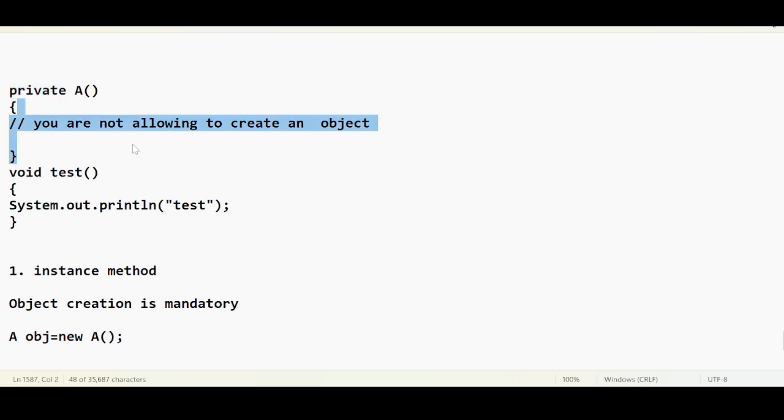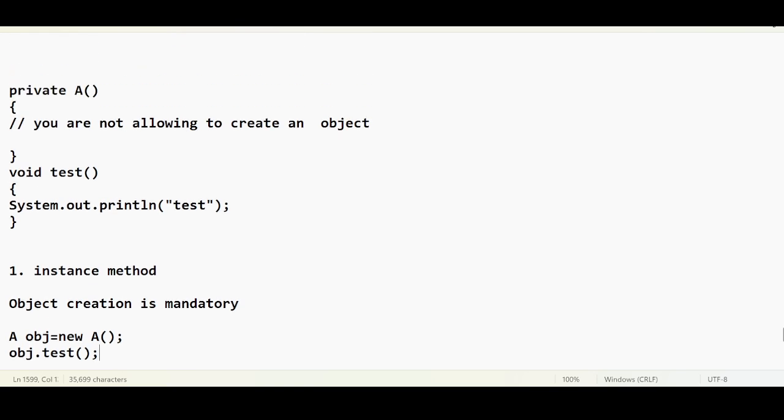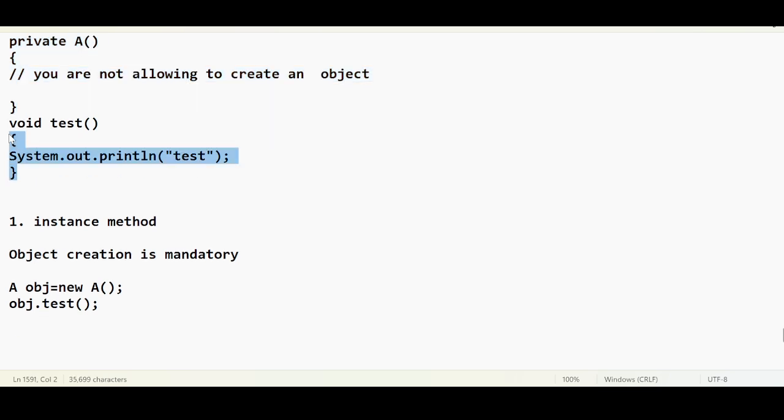If that is the case, this is possible. If this is possible, this is also possible. If I turn this as public, or if I leave it blank, it is going to be possible. But if I keep it as private, it is not possible, right? But I want this to be private only, but still I want to call this method.